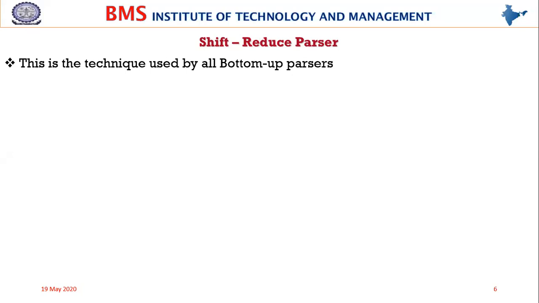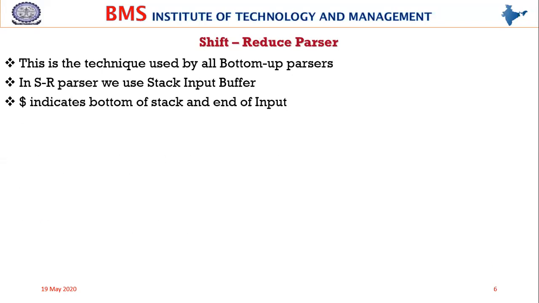Okay, fine. In SR parsers, we use a stack, an input buffer, and the action. Means we're going to have the symbols on the input buffer, and we use the stack to derive the string or parse the string, and we'll do this until we obtain the start state of the grammar. Okay, we use a dollar symbol in both the stack as well as the input buffer.